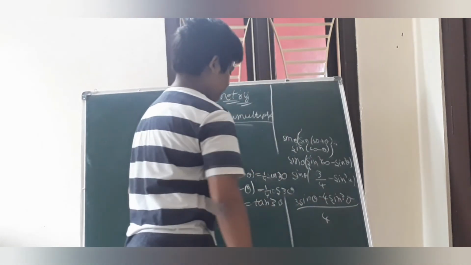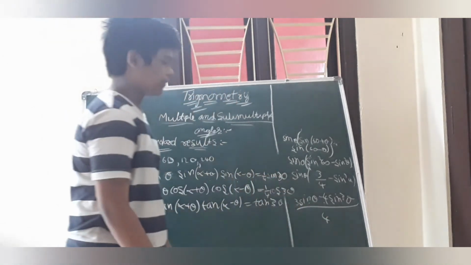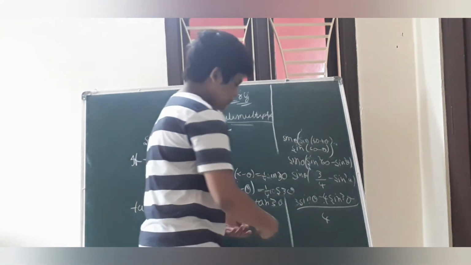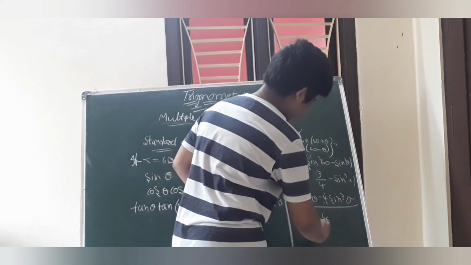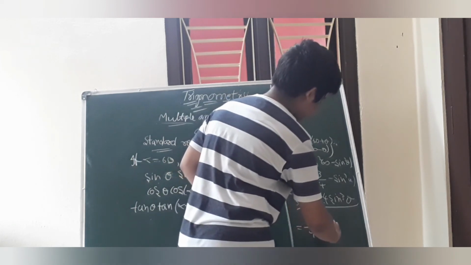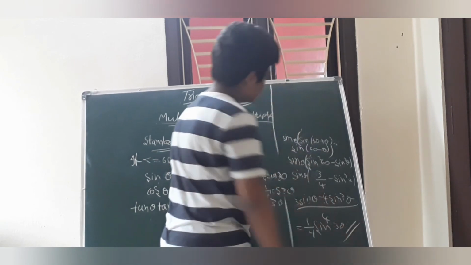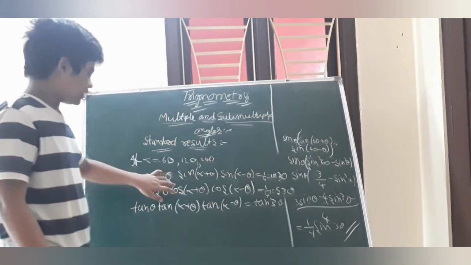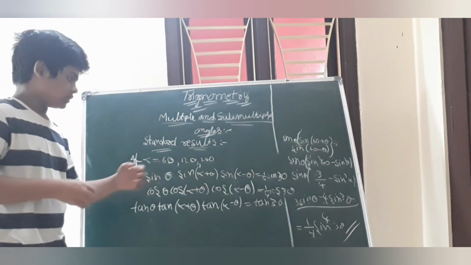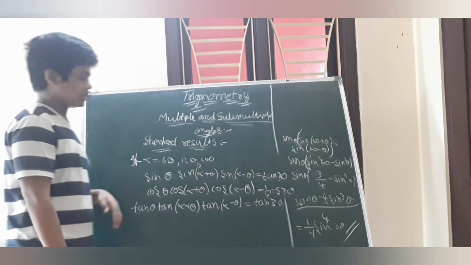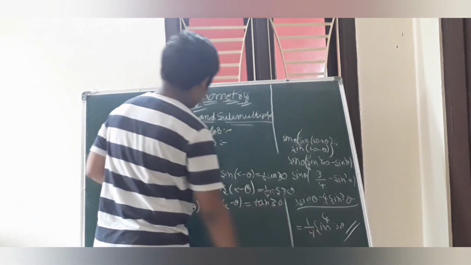It is in the form of 3 sin theta minus 4 sin cube theta, so we can write it as 1 by 4 into sin of 3 theta. Hence it is proved that sin theta into sin of 60 plus theta into sin of 60 minus theta is equals to 1 by 4 into sin 3 theta.